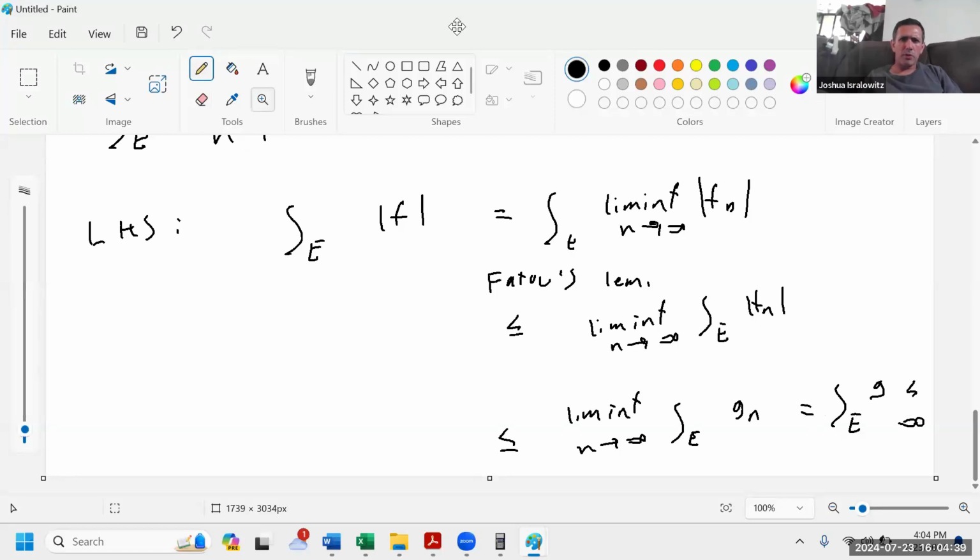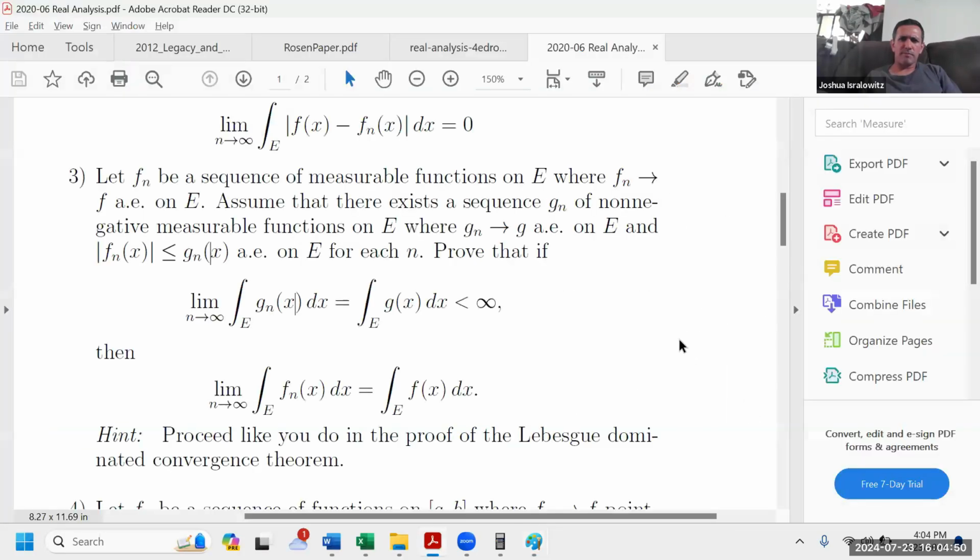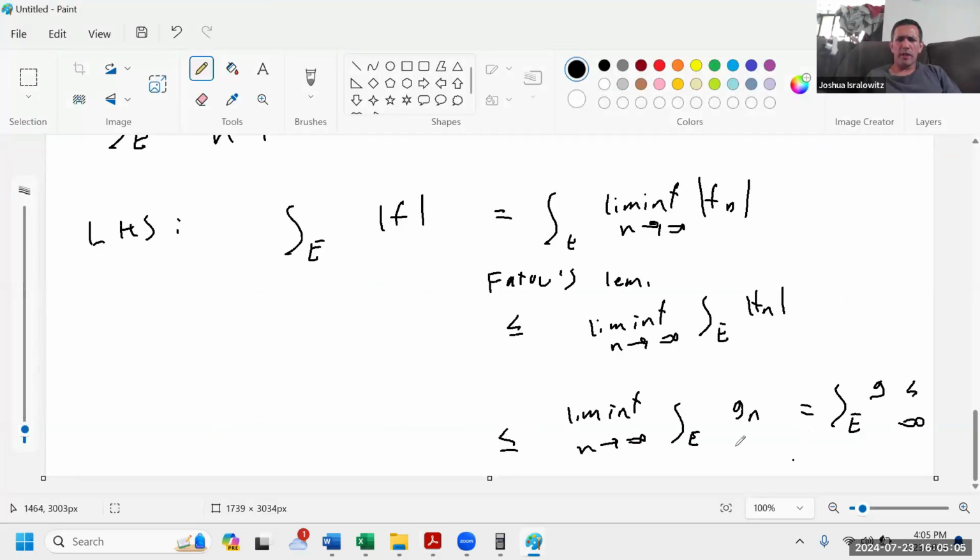So the whole conclusion here, if you even just want to say, is by Fatou's lemma and because these two things are true, F is integrable. You write that, we're going to be fine. But I guess when in doubt, put more detail. The whole point here is that this is integrable. That's what we really want.